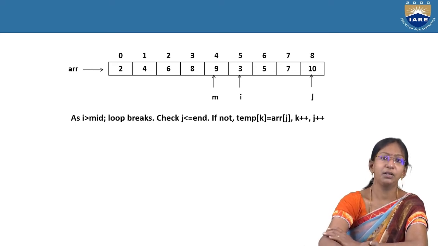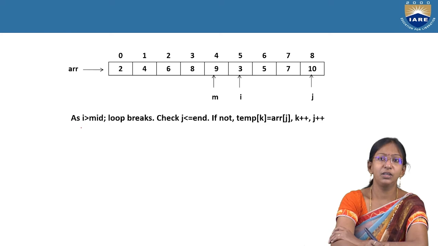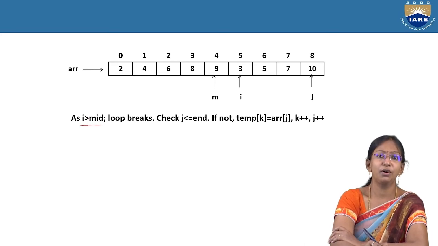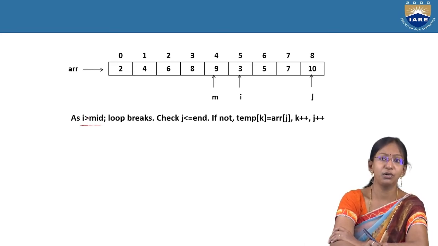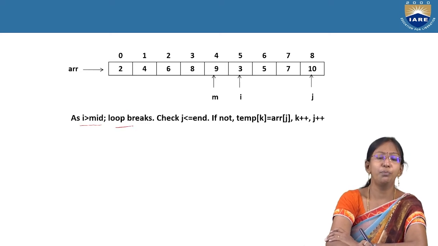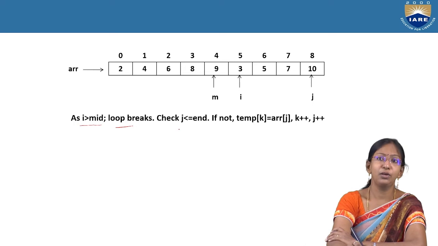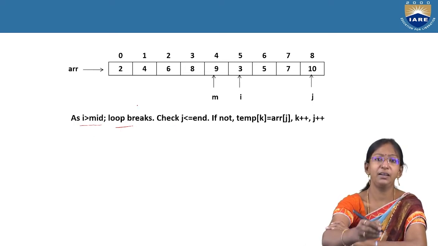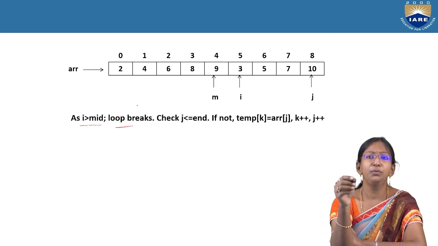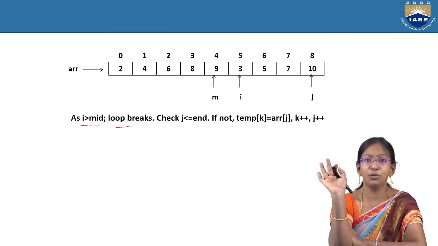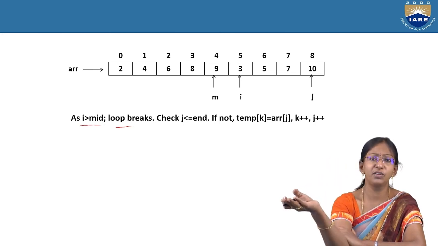to the temporary list. Have a look at this condition. As I value is greater than mid, that means I have crossed its boundary. So the first while loop breaks. As the first loop has ended, we understand that the first list is over, but we do not know the situation of the second list.